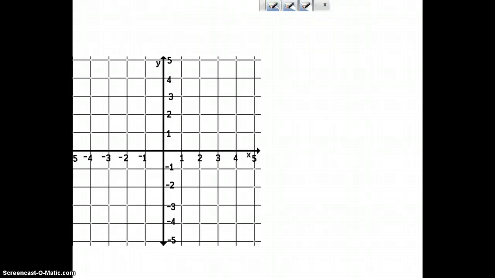So let's just put in 2 points quickly. Let's make it simple. Let's do 1, 1, and -1, -1, and then -1, 1 and 1, -1.